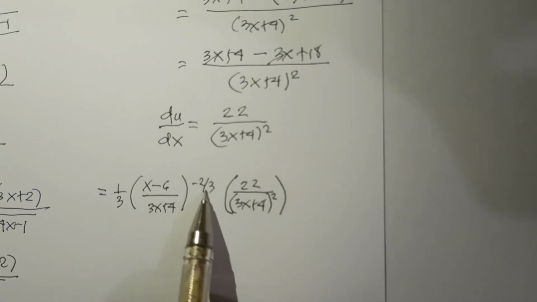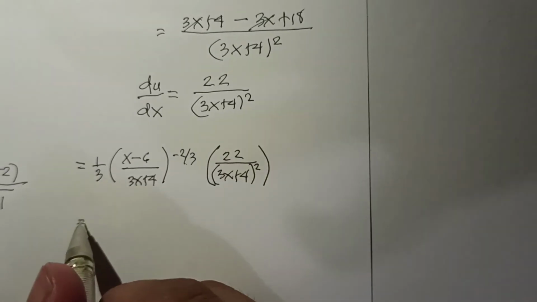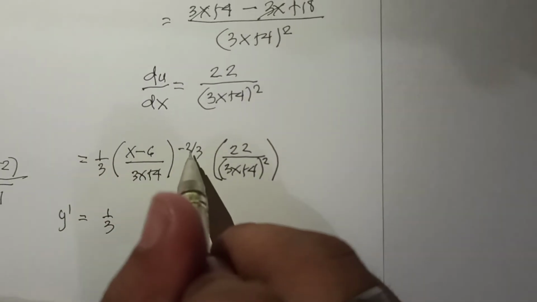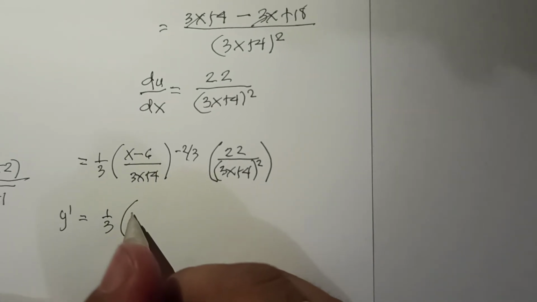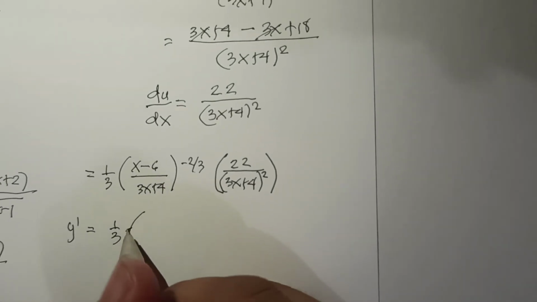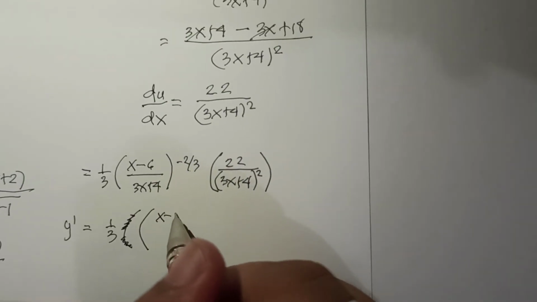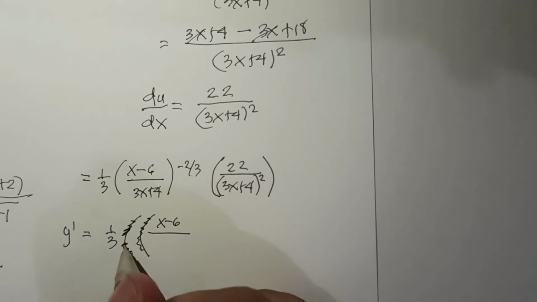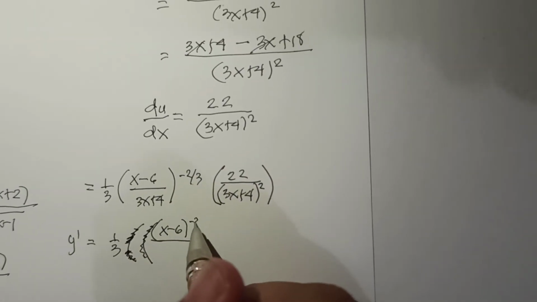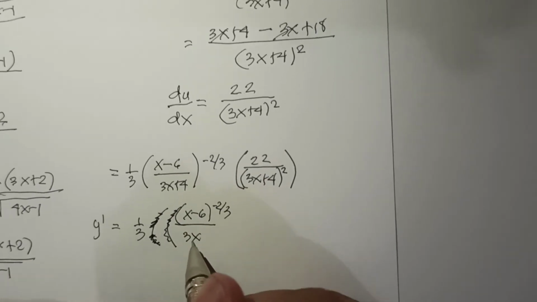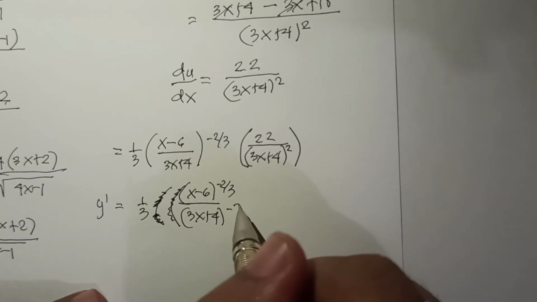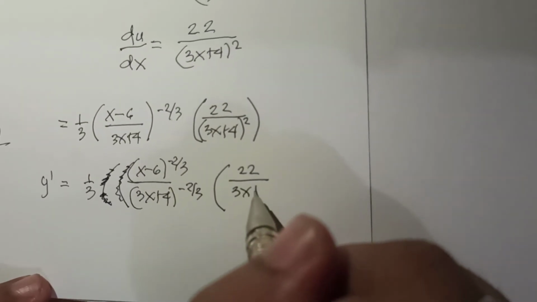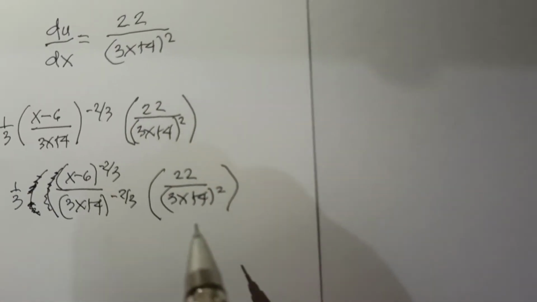Okay, since this is 2/3, we could simply distribute. Distribute x minus 6 raised to negative 2/3 and 3x plus 4 raised to negative 2/3. And this is 22 over 3x plus 4 squared.